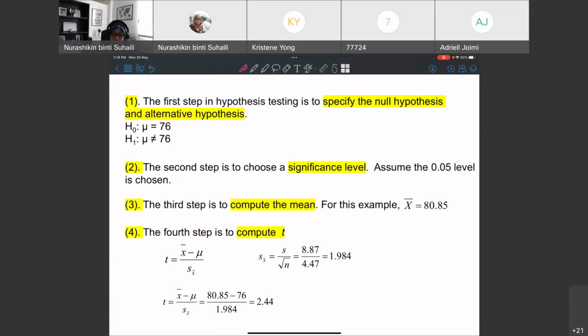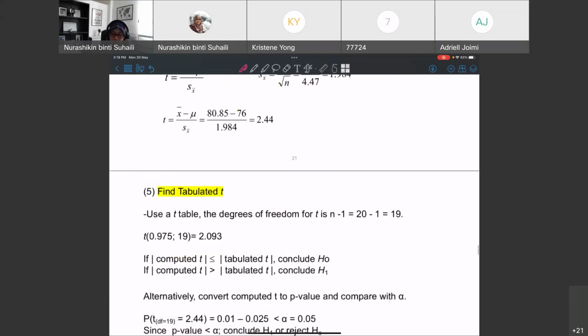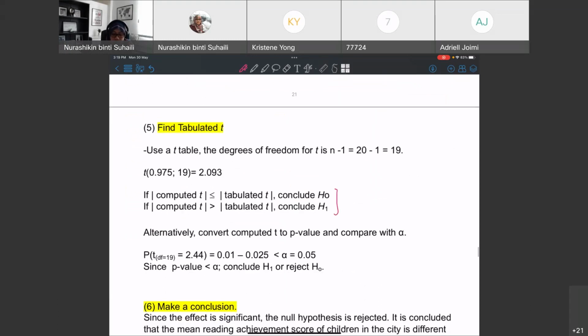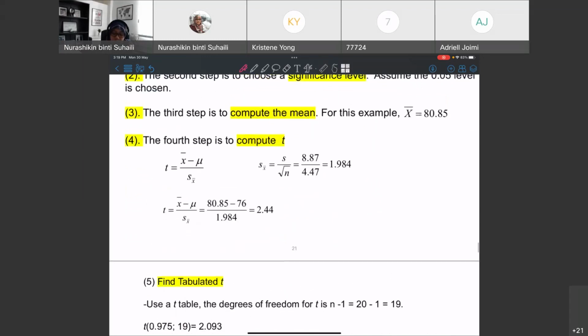Instead of Z, you have to calculate T. You also have to find the tabulated T, compare the two T values, and make the decision. This is similar, and finally making a conclusion is also similar. So the difference is only in the middle, in the T computation.